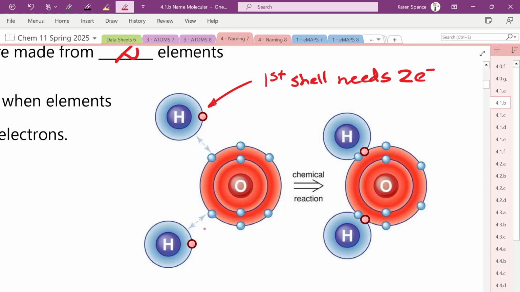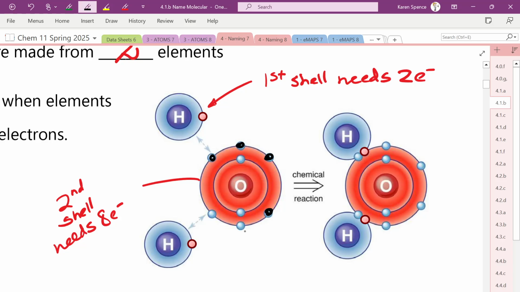And oxygen's outer shell is the second shell. How many electrons does the second shell need? 8. It needs 8 electrons. So if we count up oxygen, oxygen has 1, 2, 3, 4, 5, 6. So oxygen has 6 electrons.